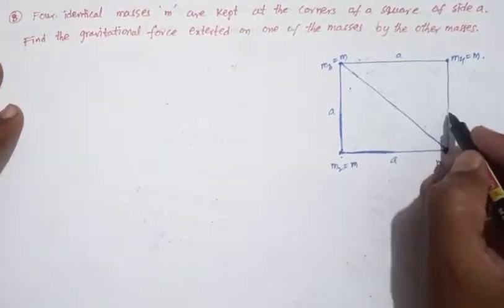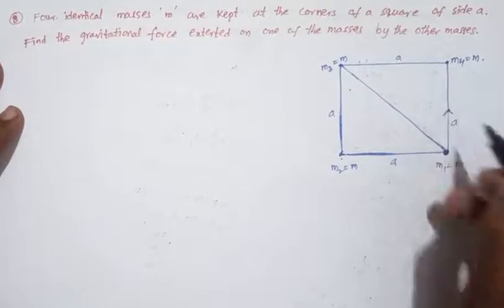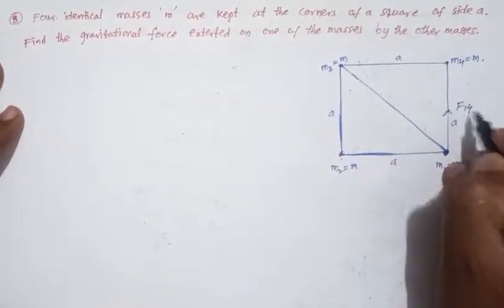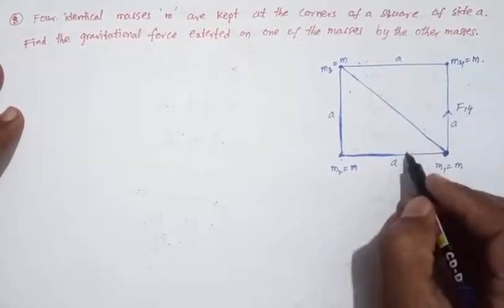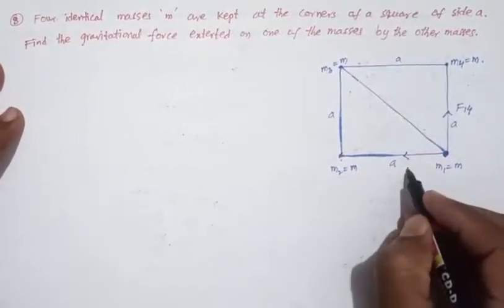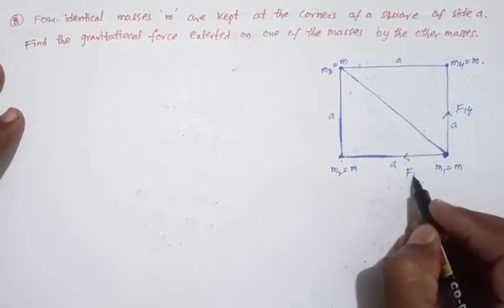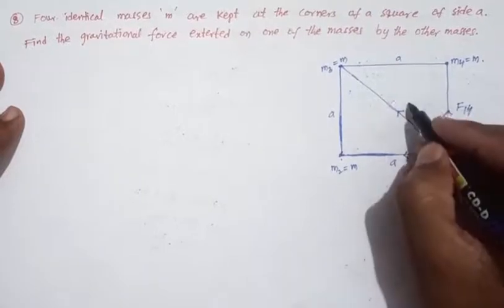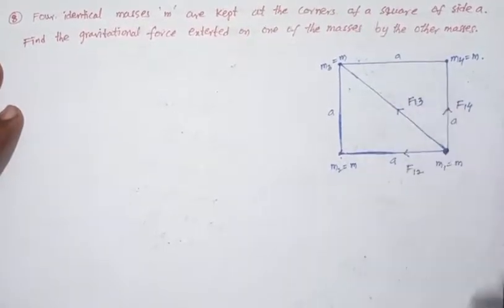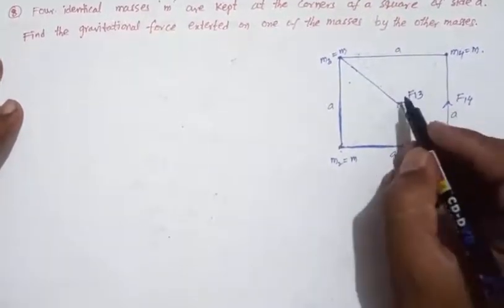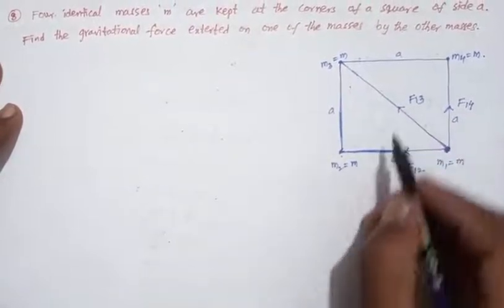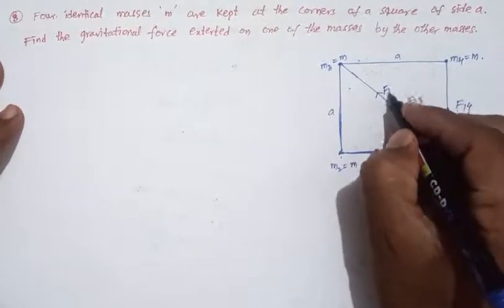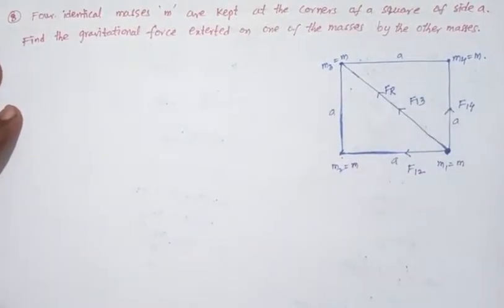So we take the force exerted as F14, this force is F12, and this force we consider F13. The resultant force we take is Fr.